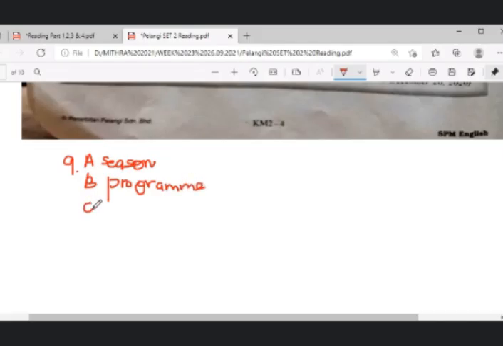C, campaign. And D, celebration. Okay, try to choose the best answer now.